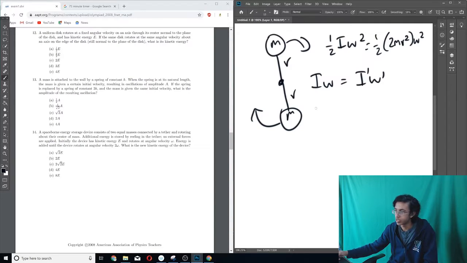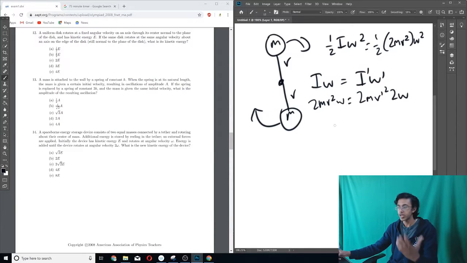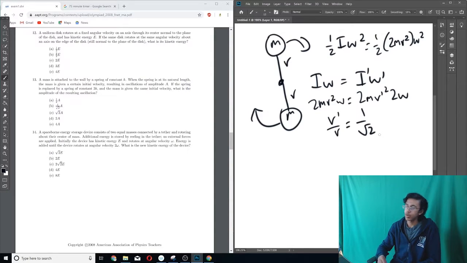So 2 m r squared w is equal to 2 m r prime squared times w prime, which we know is just 2w, so we can replace this with 2w. Then if we divide everything out, we get that r prime over r is equal to 1 over root 2.